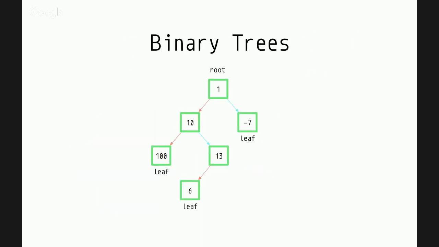The first type of tree that everybody basically learns about is a binary tree. A binary tree is just sort of like a list that can split at every node. So you can take one of two paths on each node, and you can either go left or right.